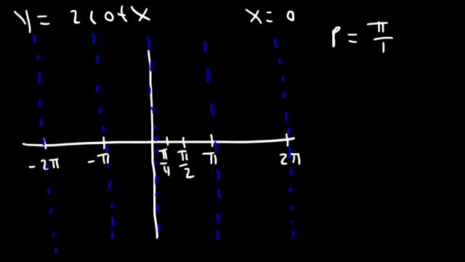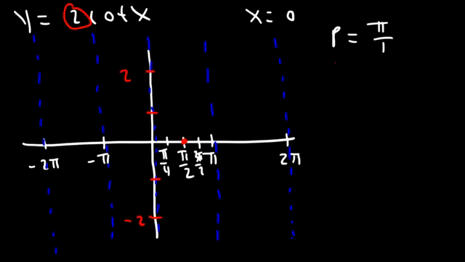And between pi over 2 and pi, it's 3 pi over 4. Now, in the middle, at pi over 2, cotangent will be 0. At 3 pi over 4, typically it would normally be at a value of 1. But because we have a 2 in front, it's vertically stretched by 2 units.